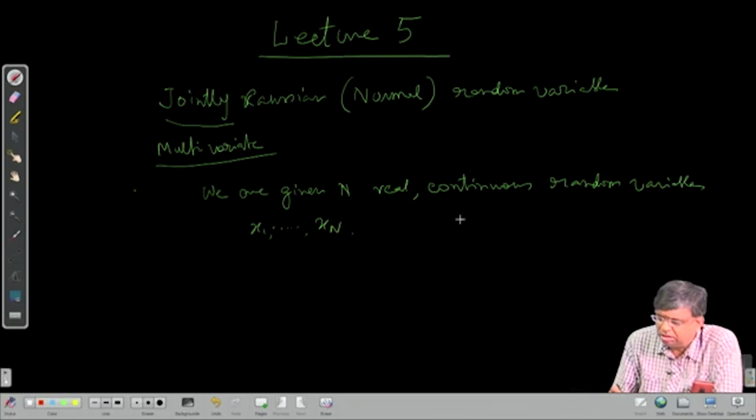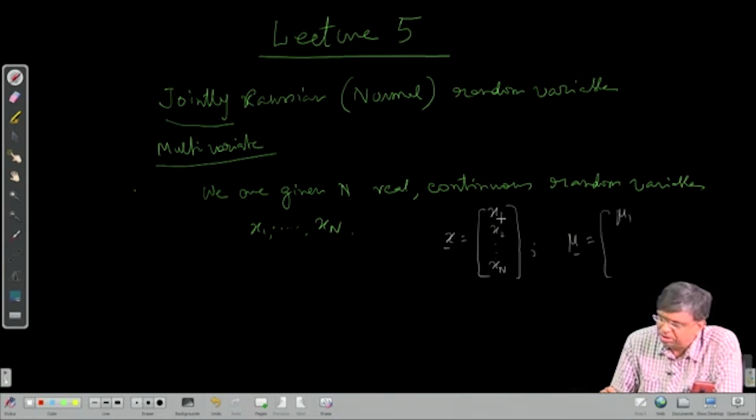let us see that suppose x is the vector, where all the random variables are put in a stack in a vector. We have already discussed it yesterday towards the end. And a mean vector, mu1 is the expected value of x1, mu2 the expected value of x2, up to mu n.